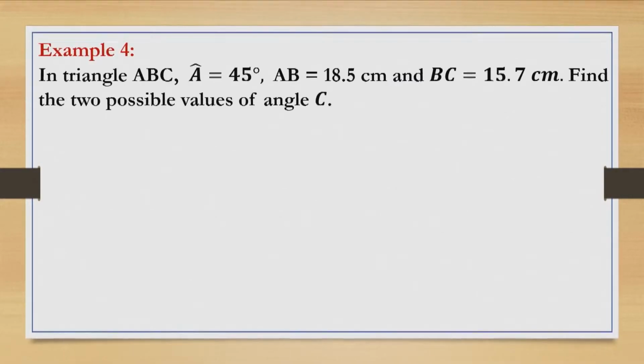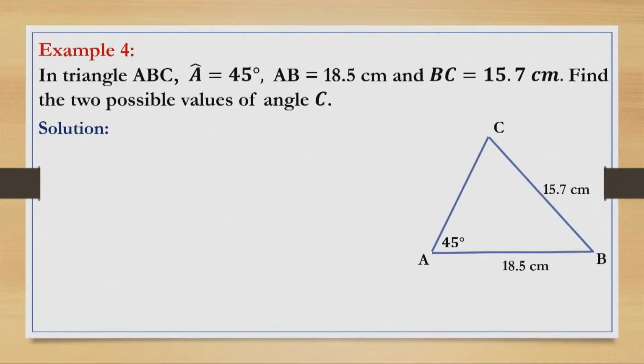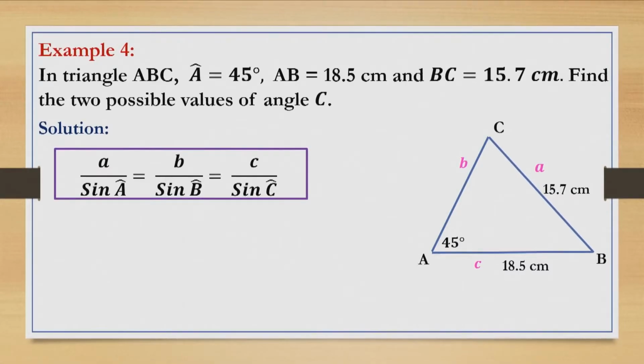Example 4. In triangle ABC, angle A is 45 degrees, AB is 18.5 centimeters, and BC is 15.7 centimeters. I need to find the two possible values of angle C. So first, I label my triangle. I write down the formula.